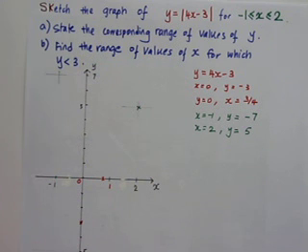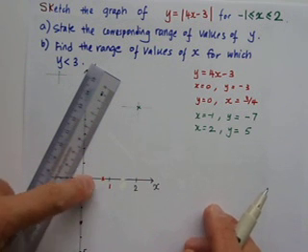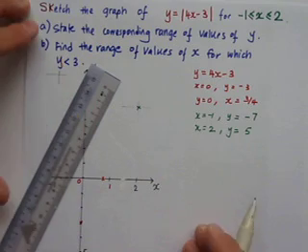So again, we draw a dotted line because this is only the intermediate answer, passing through the intersection with the x and y axis and also the two endpoints.